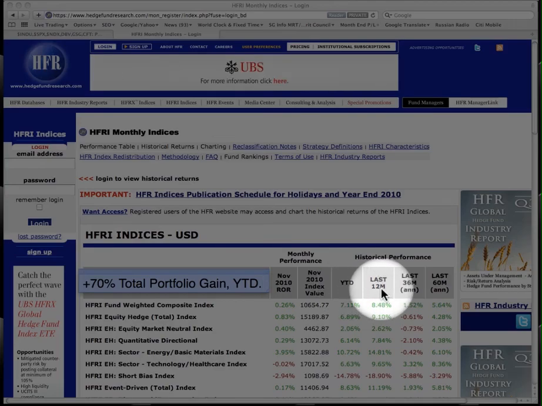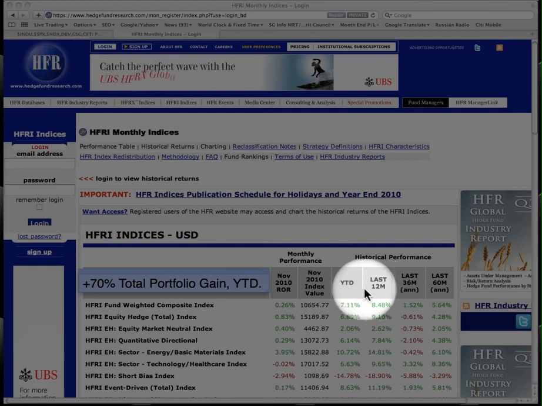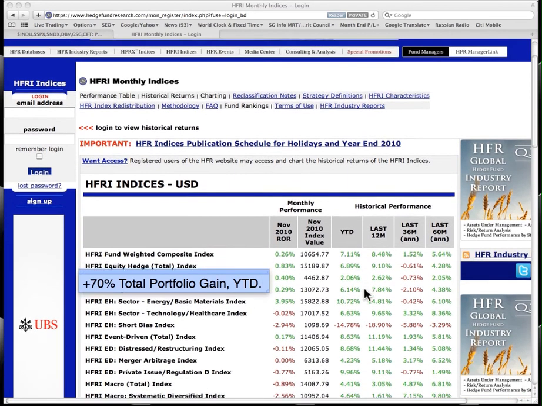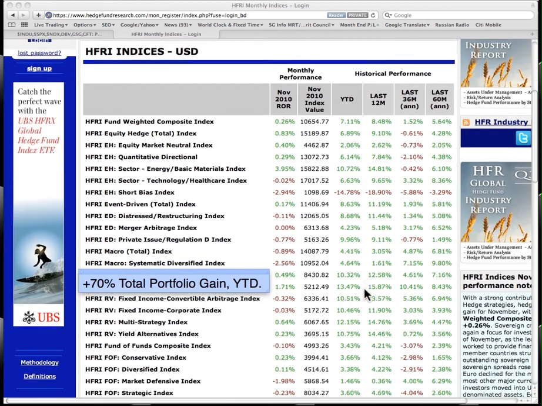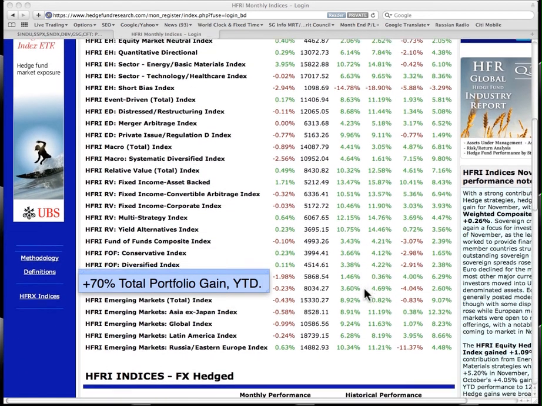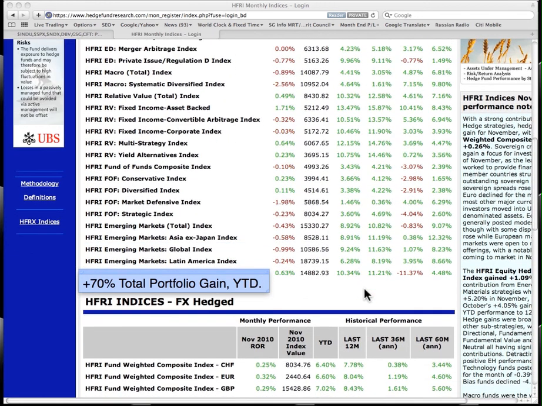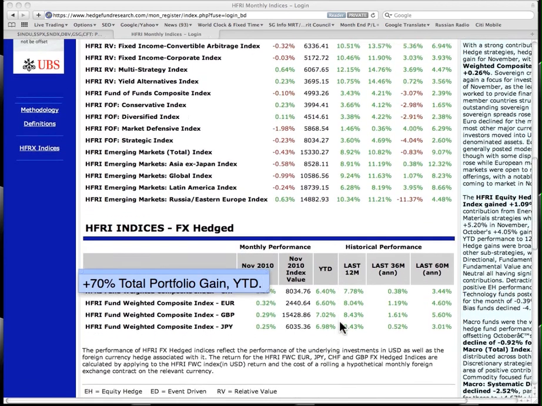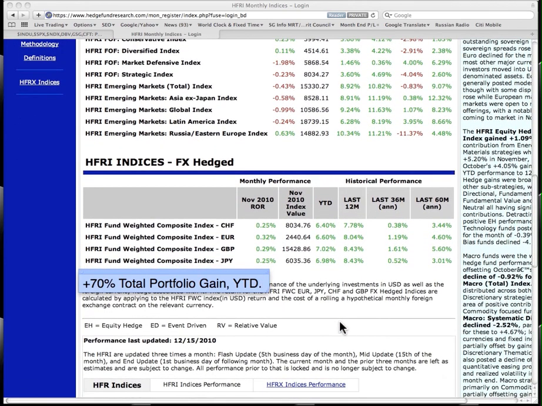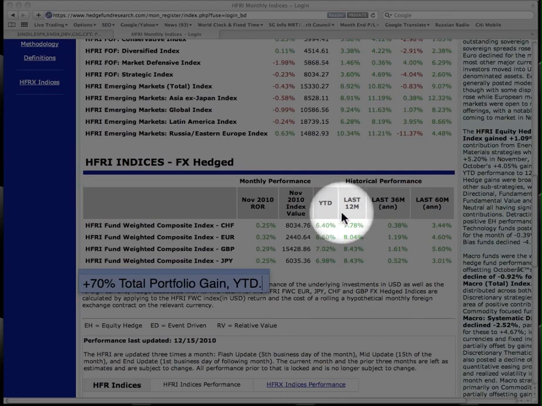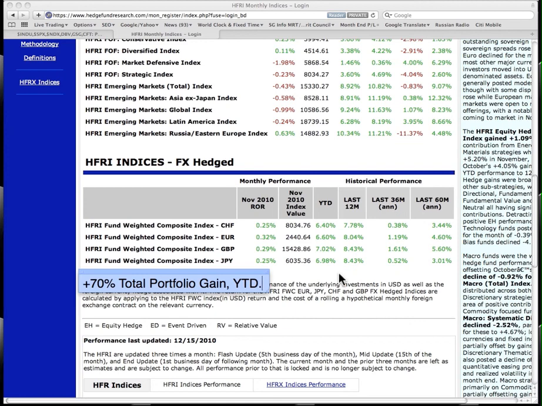So, looking at the year-to-date and last 12 months performance of these indexes, the humble retail portfolio structured in the study room with its 70% year-to-date gain has beaten institutional hedge funds across all the different asset classes, including hedged currency funds.